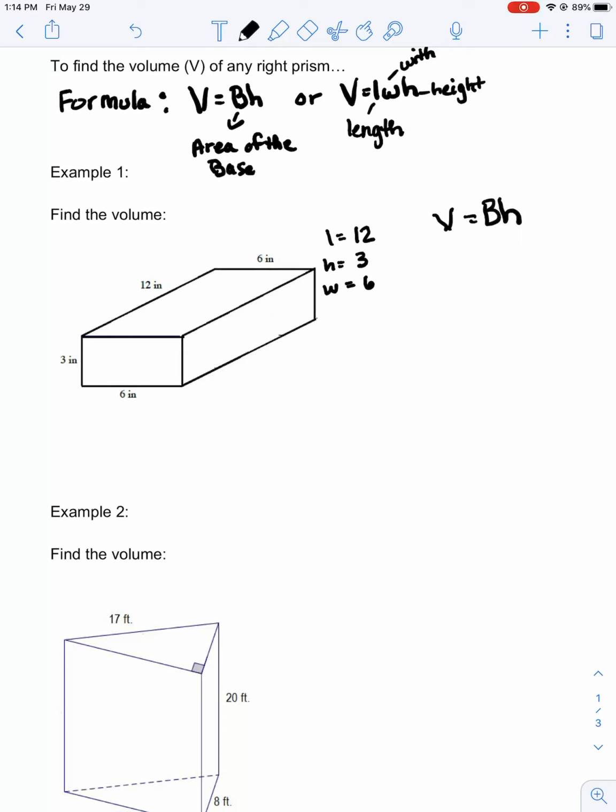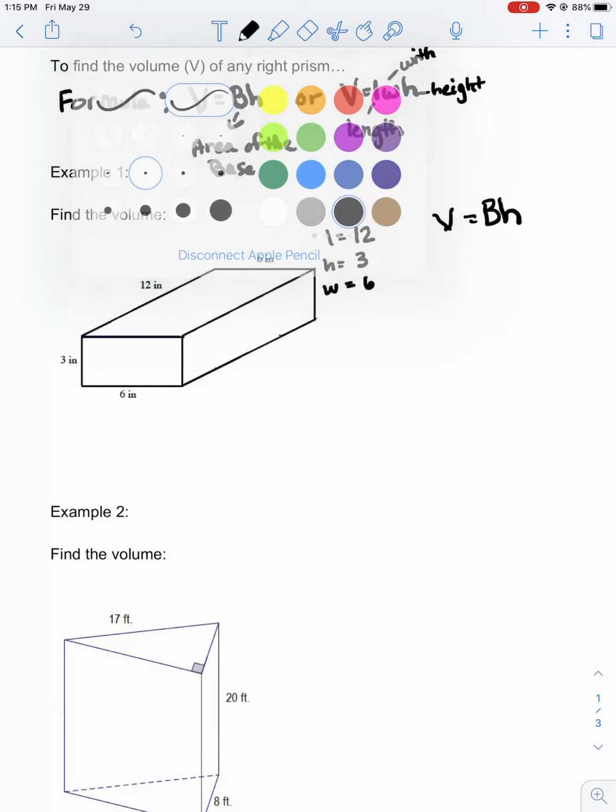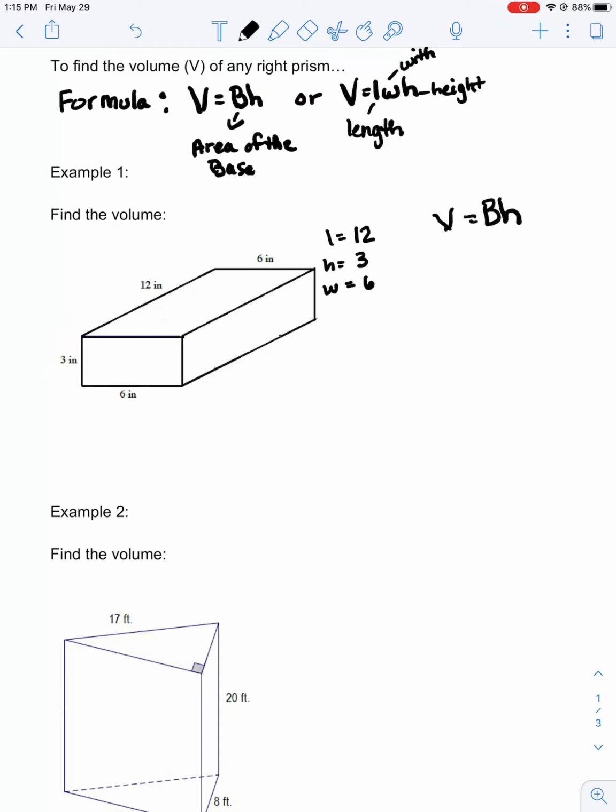The area of the base is length times width. So we have volume equals length, which is 12, width, which is 6, and then the 3, which is the height.